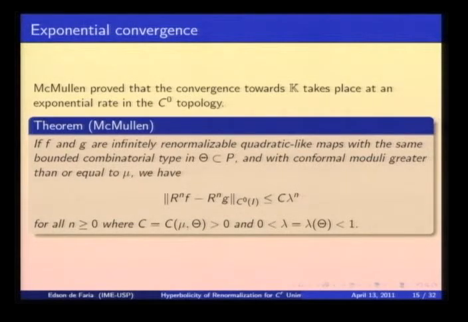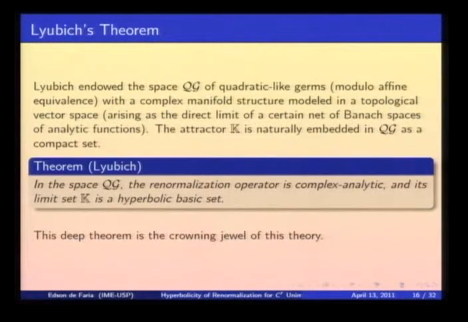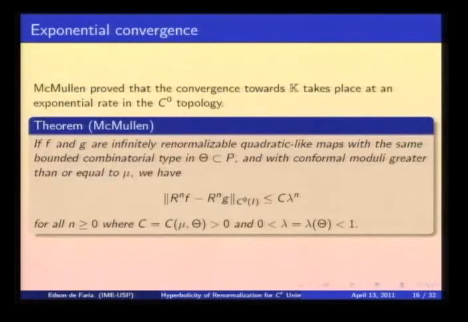So here's McMullen's theorem. McMullen proved that if you take two infinitely renormalizable quadratic-like maps with the same bounded combinatorial type, and with conformal moduli greater than or equal to a constant mu, then their renormalizations converge together in the C^0 norm exponentially fast, where the exponential rate depends only on the combinatorial type that you're fixing, but does not depend on the conformal moduli.